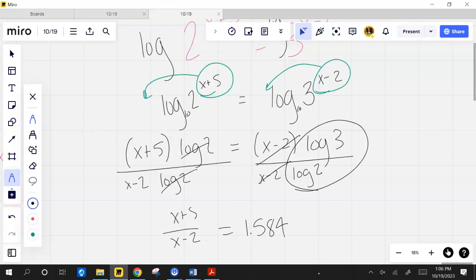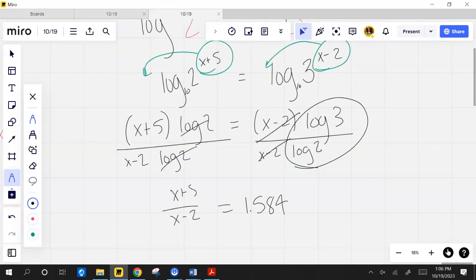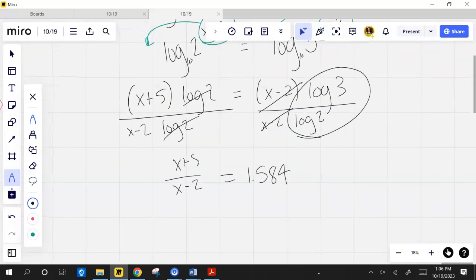Can you solve this? You better be able to solve this now. You should be able to. Butterfly. Log 3.